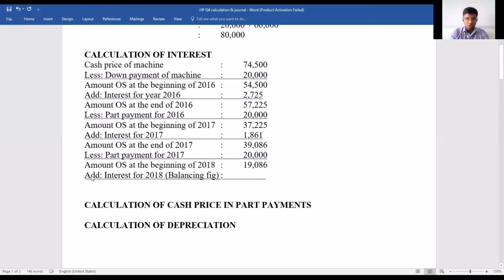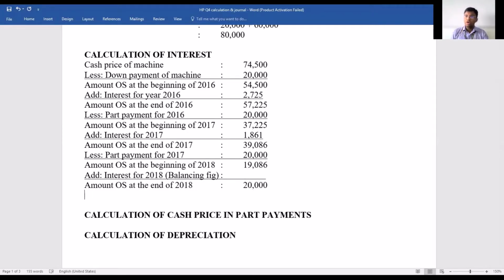You see, the amount outstanding at the beginning of 2018 plus the interest for 2018, when you add this up, the amount outstanding at the end of 2018 has to be equal to 20,000, because with your final part payment you're concluding your transaction with a payment of 20,000.